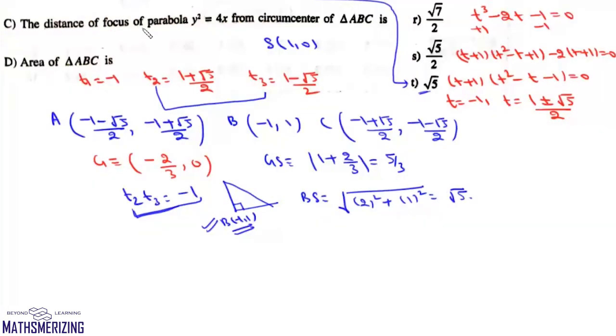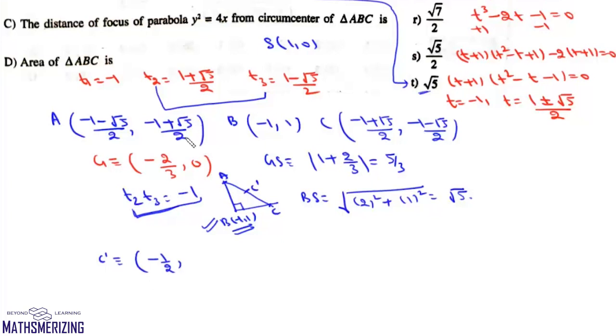Now the third question is the distance of the focus of the parabola from the circumcenter of triangle ABC. Since triangle ABC is a right angle triangle, its circumcenter is the midpoint of the hypotenuse. So let the circumcenter be C dash. C dash is the midpoint of AC. A is (minus 1 minus root 5) by 2, and C is (minus 1 plus root 5) by 2, so we'll find the midpoint. Root 5 by 2 will cancel, so it will be minus 1 by 2.